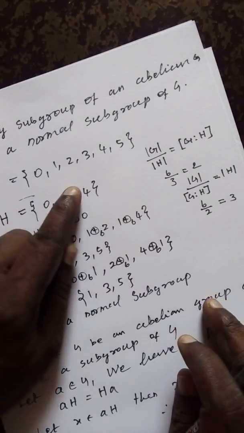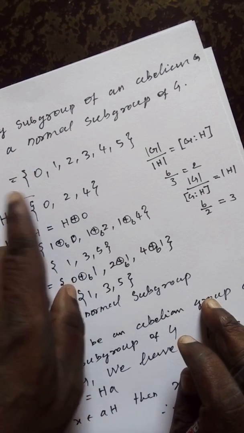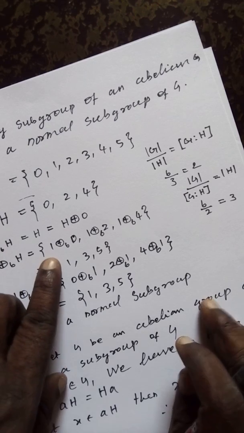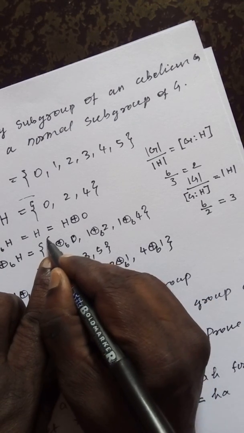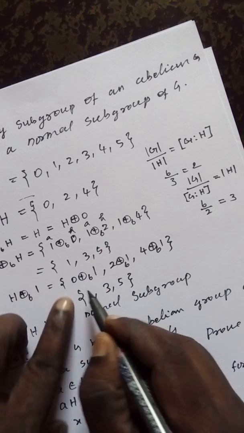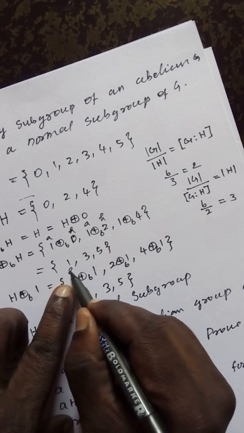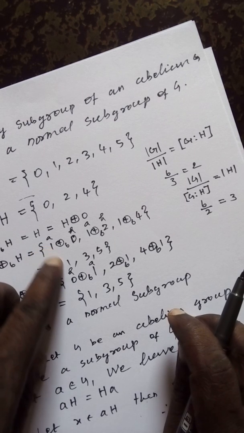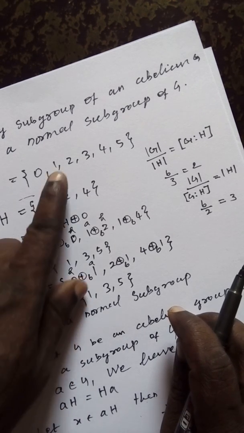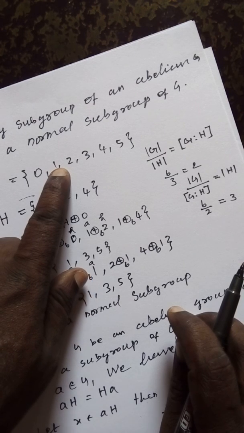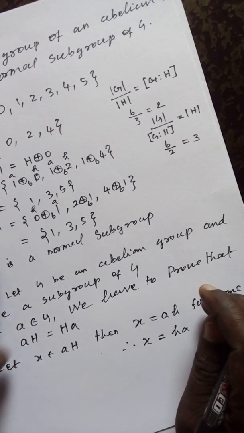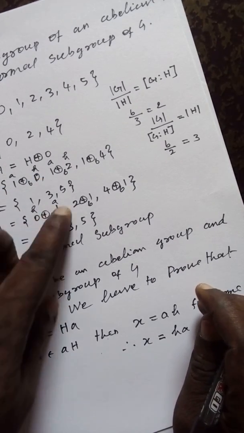Here, Z6 is an abelian group. Every element of the form ah or ha, these two elements belong to Z6. So every element can be written as ah or ha.